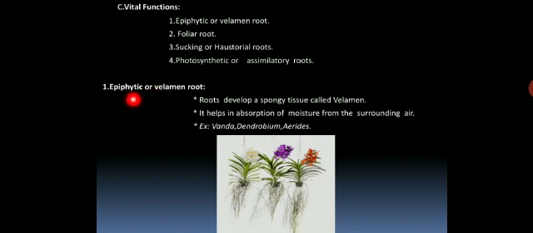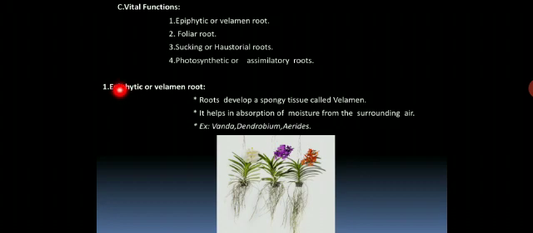In epiphytic roots, a good example is some of the epiphytic orchids. Epiphytic orchids develop a special kind of aerial root which has the capacity to hang freely in the air. That type of plants also comes under epiphytic root. Most of the orchids come under this category.